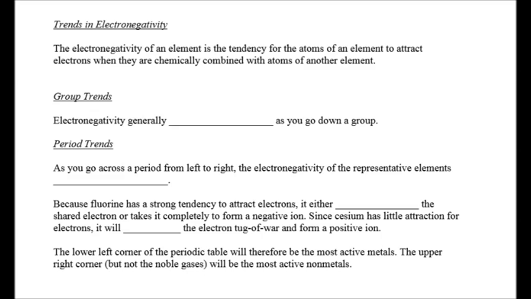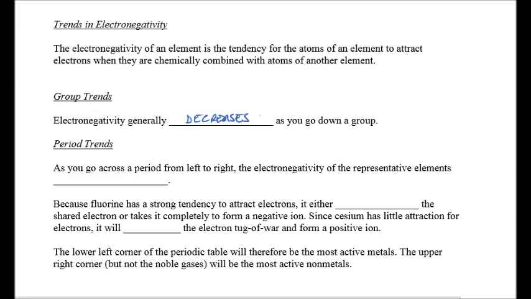But it's the same relationship. It's the same trend as ionization energy. Electronegativity generally decreases as you go down a group. Your outer electrons are farther from the nucleus. You cannot hold on to them as easily.